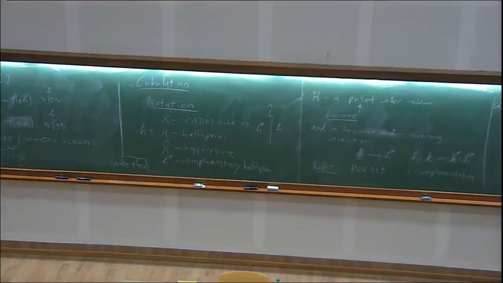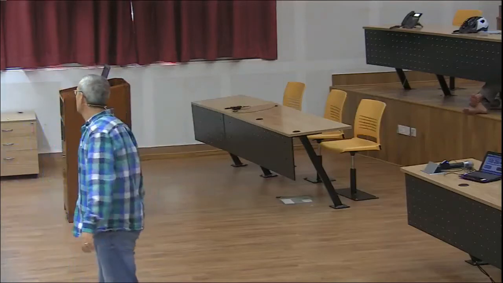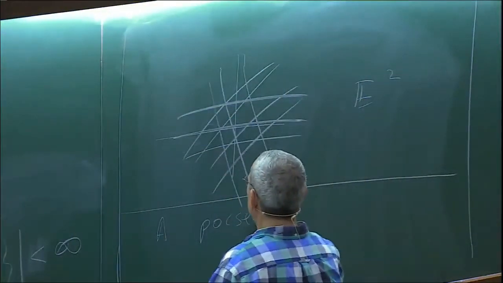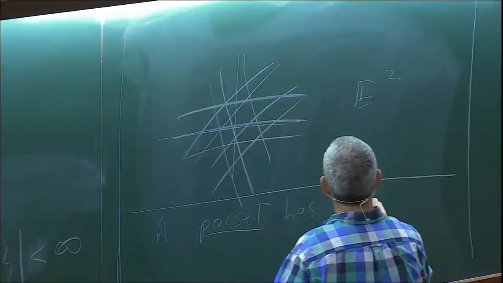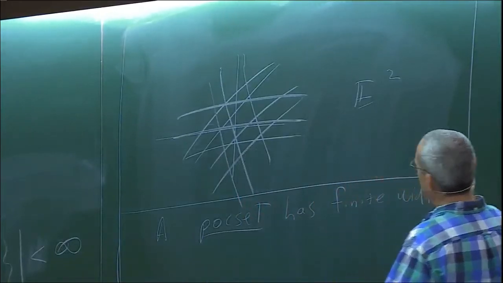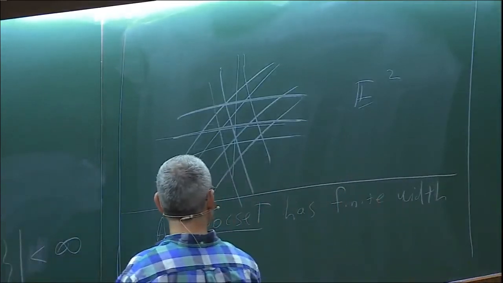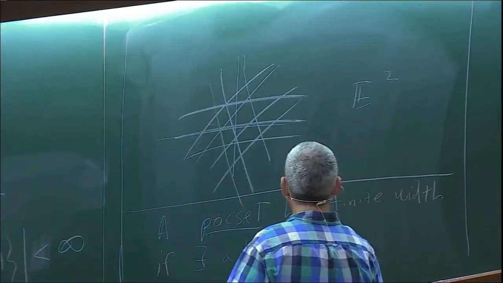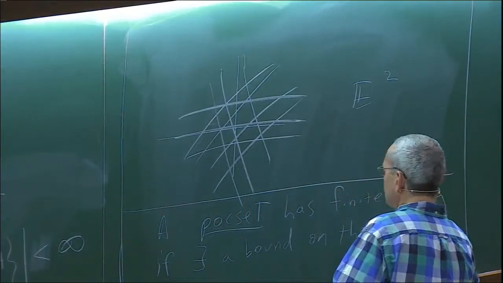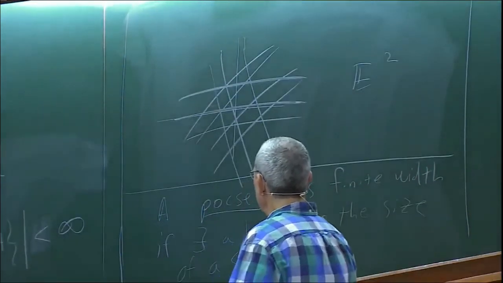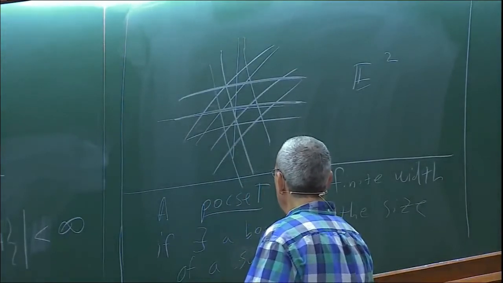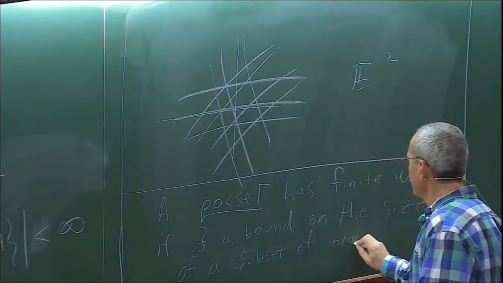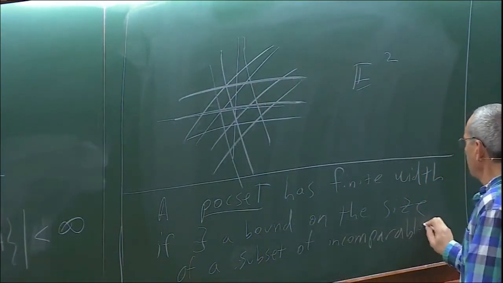So we'll say a space with walls or a PoC set has finite width, I think that's the term they use in combinatorics, if there exists a bound on the size of a subset of pairwise incomparable elements.